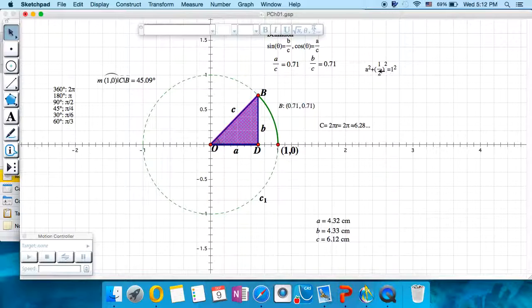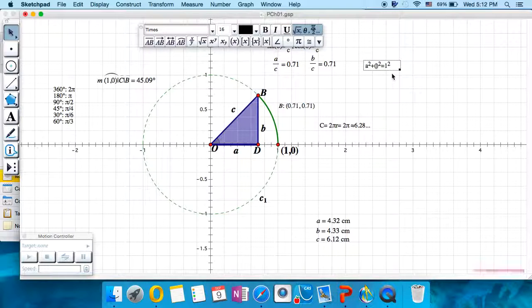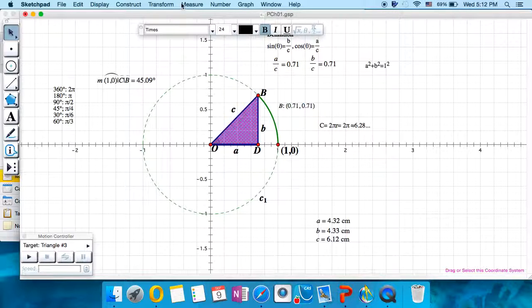By the Pythagorean theorem, we know that a squared plus b squared equals 1. Since a and b are exactly the same, because this is half of a square, BD and DO are exactly the same. So length a and length b should be exactly the same.